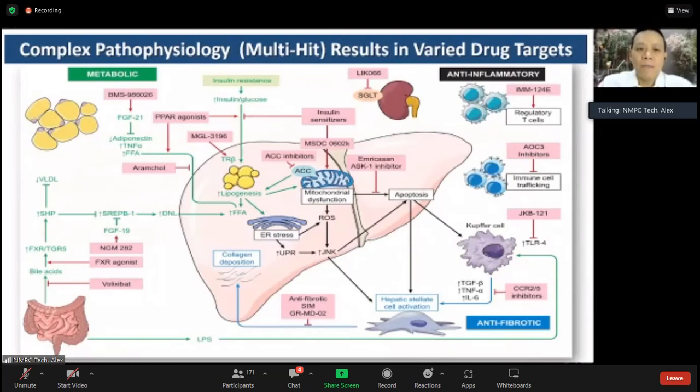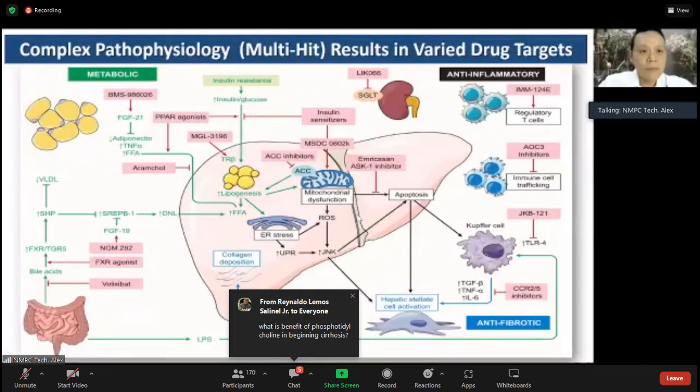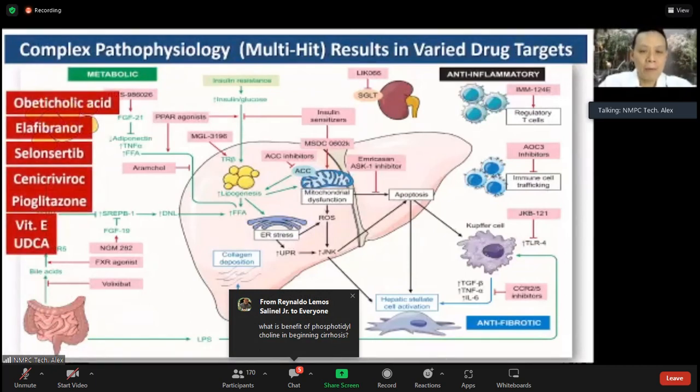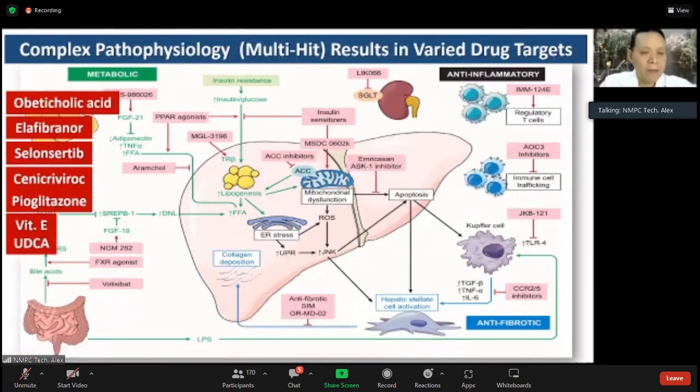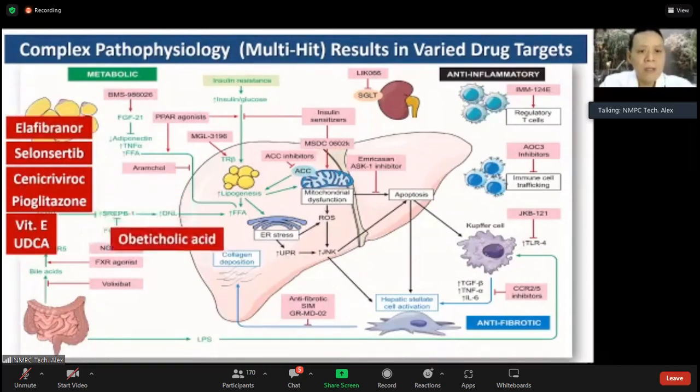That's it. But nowadays we have what we call the multi-hit hypothesis, and you can see here that there are a lot of pathways where patients can develop fatty liver disease, but the final common pathway is still oxidation damage inside the liver. Now, because of this multi-hit hypothesis, there have been several drugs in the pipeline, and they've tried to look at whether these drugs will have an effect on fatty liver disease.